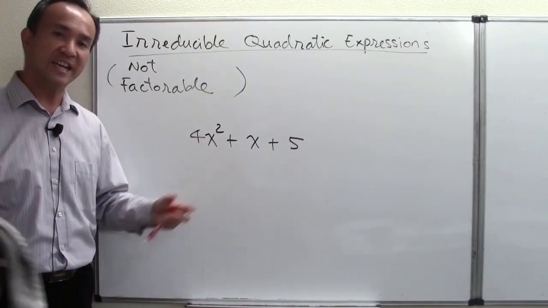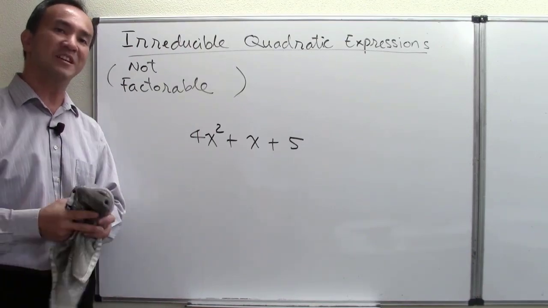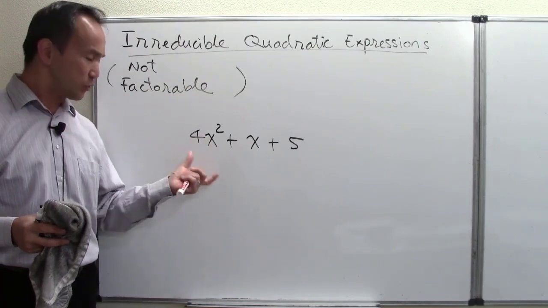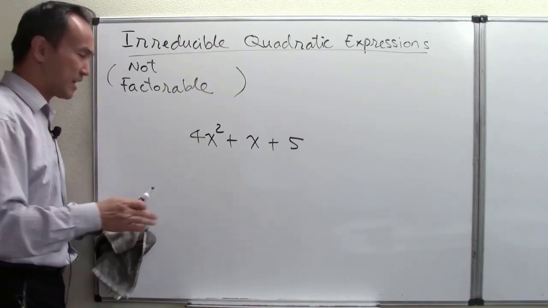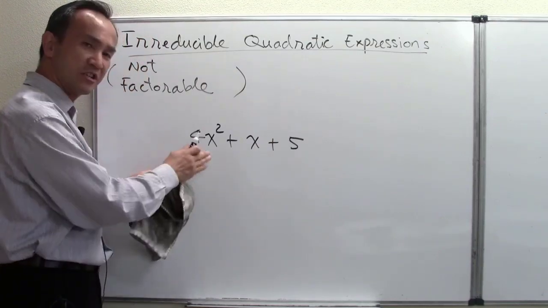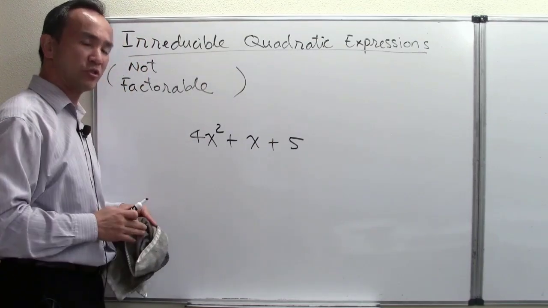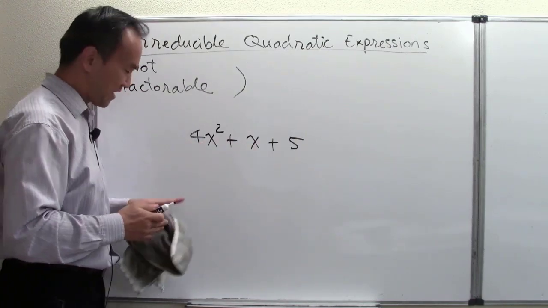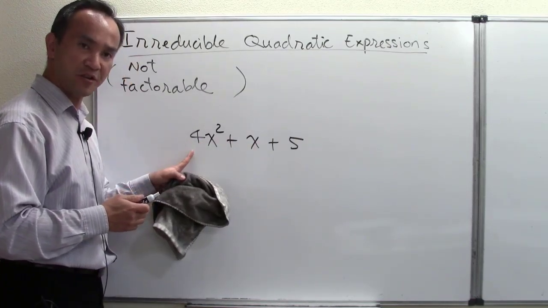It looks just like the other ones we have learned in the earlier lessons. By the way, as far as classifying it, this is a one variable quadratic expression, and it has a leading coefficient other than 1.